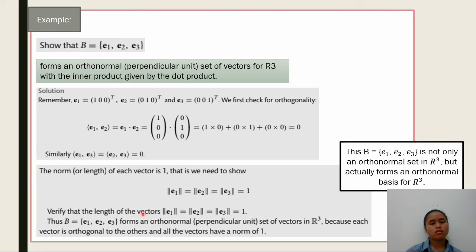So this verifies that the lengths of the vectors, this is orthonormal too. B is not only an orthonormal set in R3, but actually forms an orthonormal basis for R3.